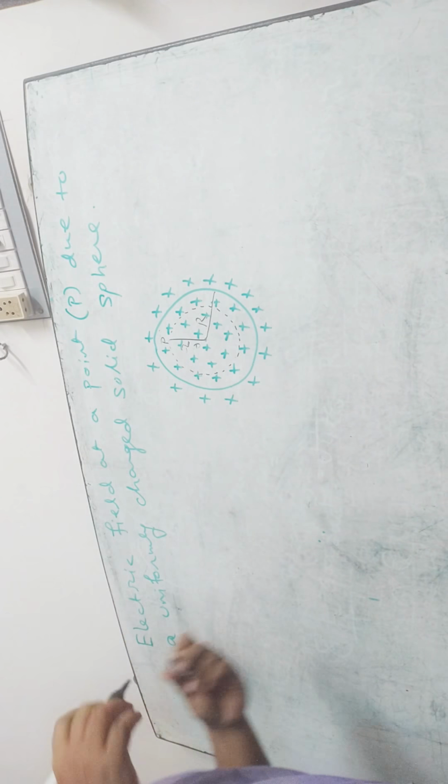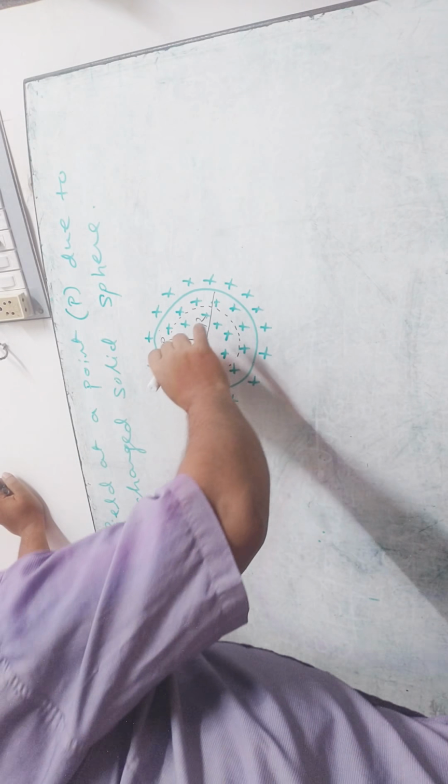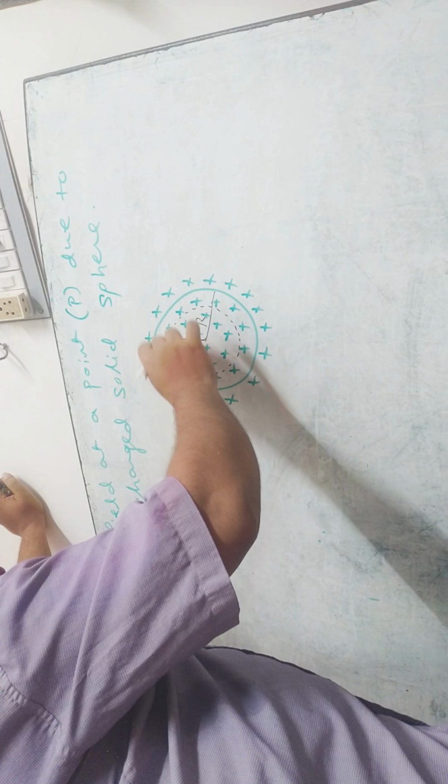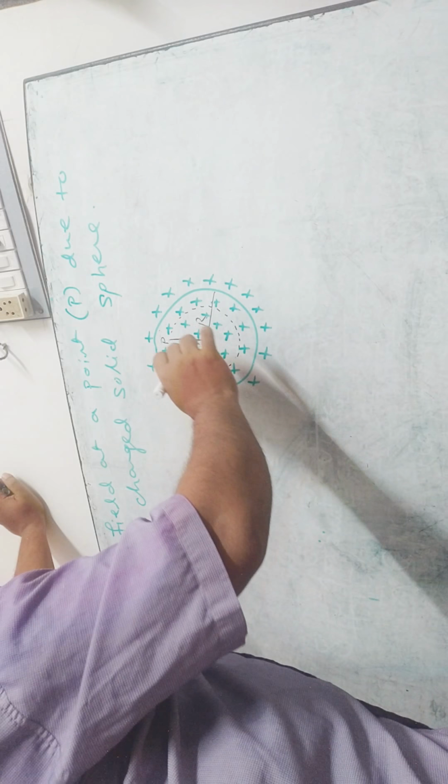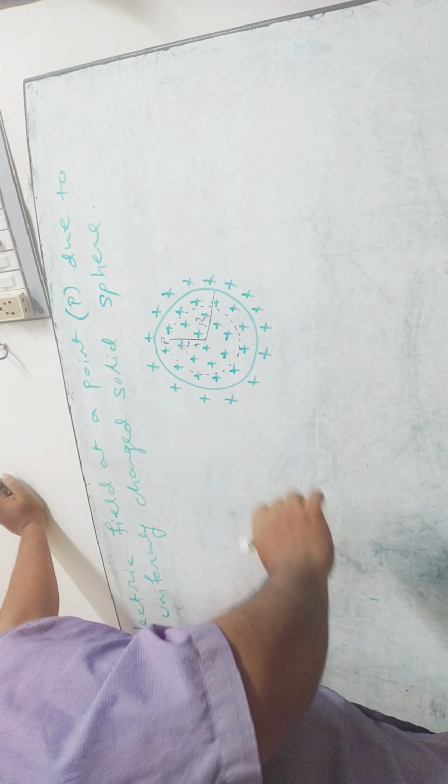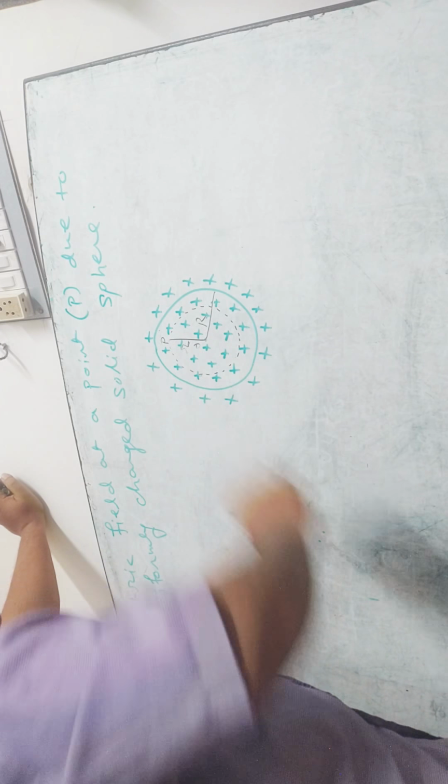Now we can draw a concentric sphere having radius small r, whose center is at O.